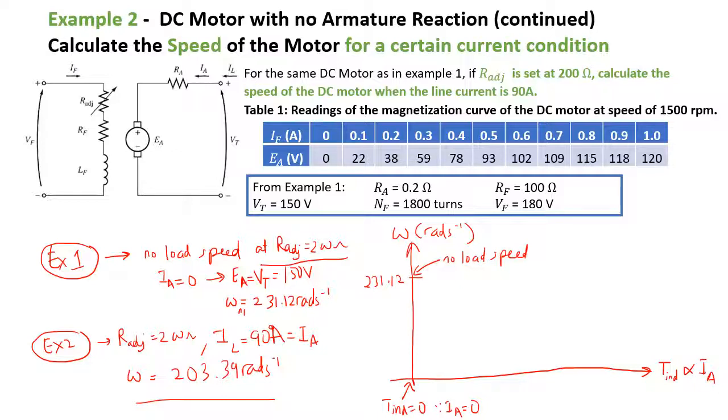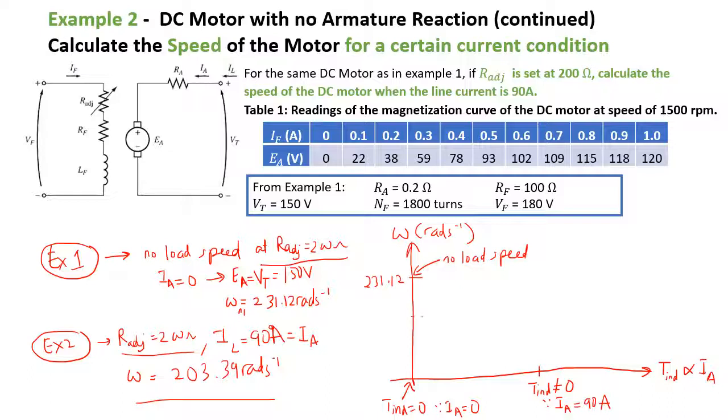Now, with the same adjustable resistance, the field current is the same for both example 1 and example 2. When the IA increased to 90 amperes, the induced torque is not equal to 0 because IA is 90 amperes. So later I'll show you how to calculate the torque.